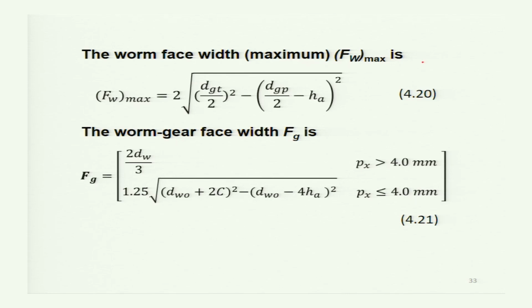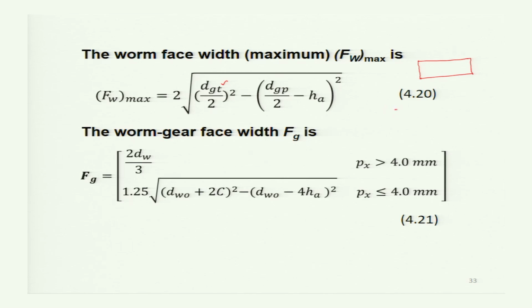The worm face width. The maximum worm face width is this one, this length, the length of the worm. Okay, the maximum face width is given by 2 times the square root of ((DGT divided by 2) squared minus (DG divided by 2 minus HA) squared), where DGT is the throat diameter of the gear and DG is the pitch circle diameter of the gear. Then the worm gear face width FG, for the case of worm gear, the face width.